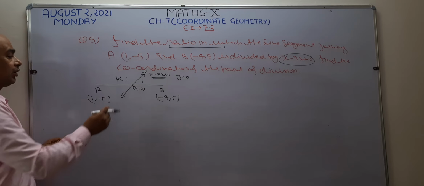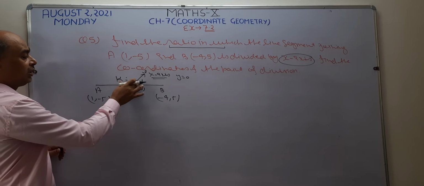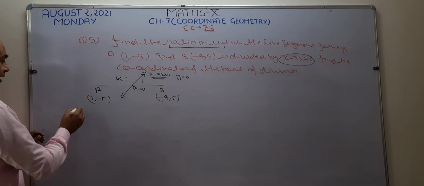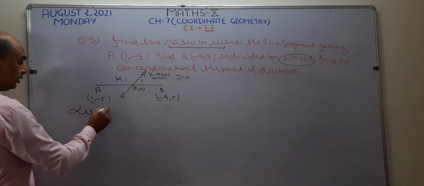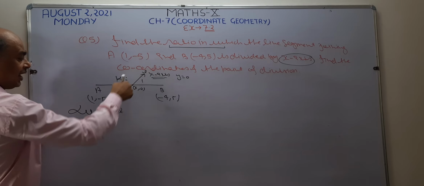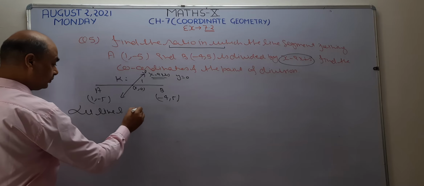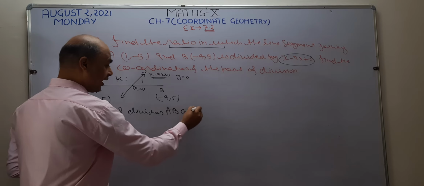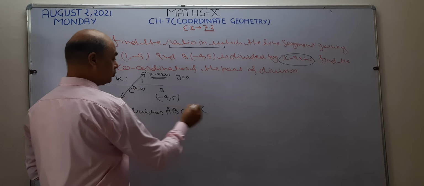Now see, the ratios are different. When the ratios are different, which formula are we going to use? The section formula. So I write here, let line L divide AB at C, and the coordinates of C I suppose to be x and 0.